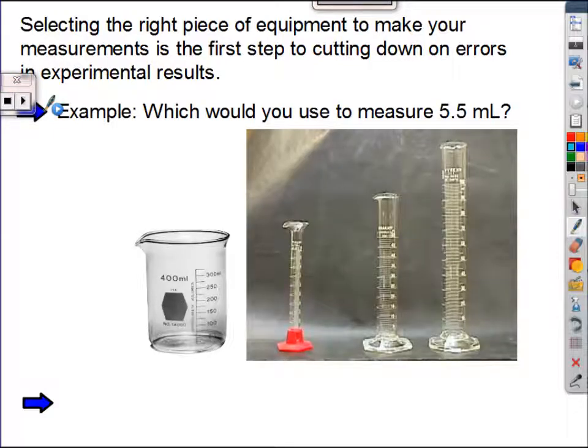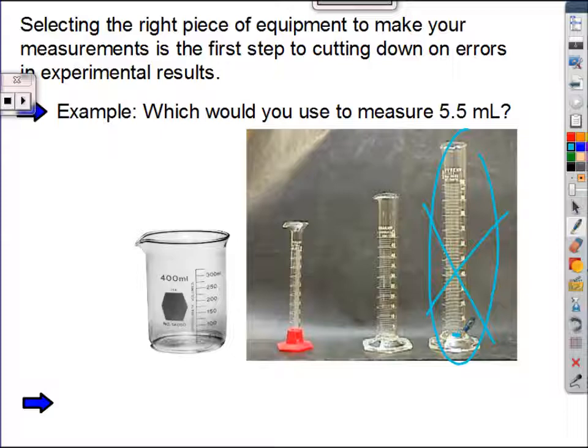For example, if I was told you need to measure 5.5 mL, I noticed last week in lab you had to get 3 mL of vinegar, and some people came over with this one. Can you measure 3 mL in that very easily? Absolutely not. Three is somewhere down here, and I can't really tell where it is. It's below the numbers.